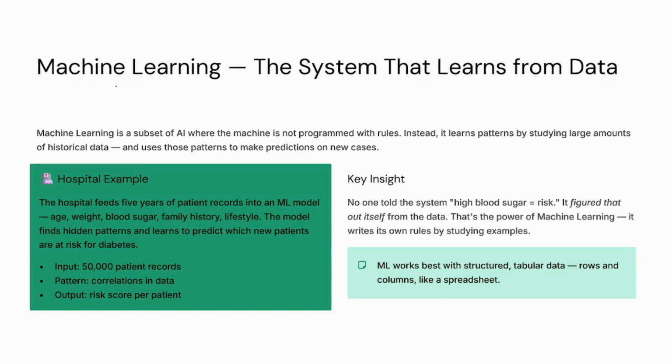When it comes to machine learning, this is where I could say 70 to 80% of problem statements get solved, right? Whenever you have structured data, and when I say structured data, I mean tables, rows and columns that the machine can read, and there are some labels, so labeled data.